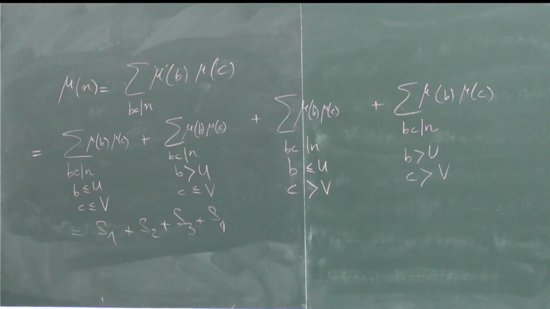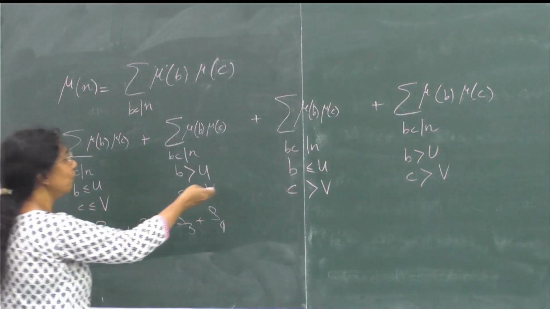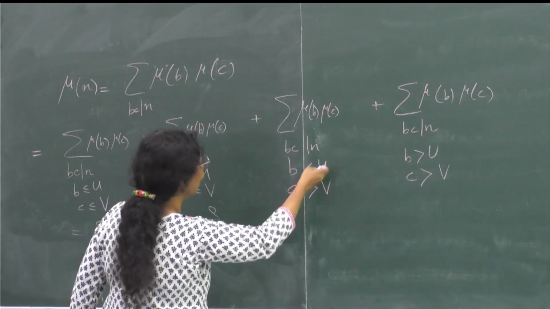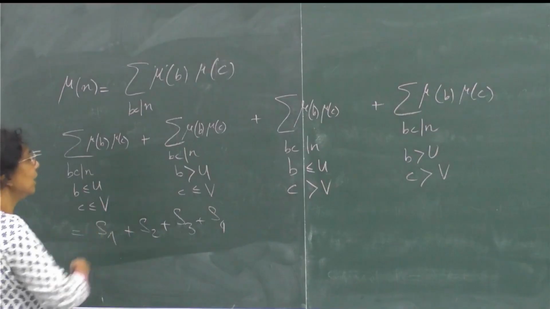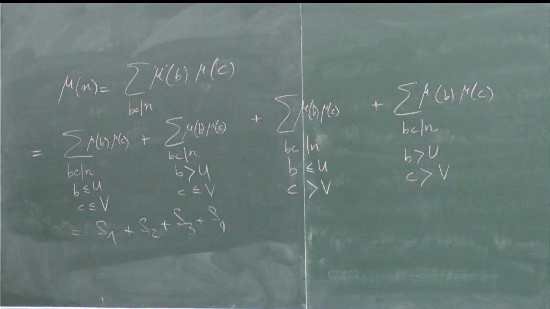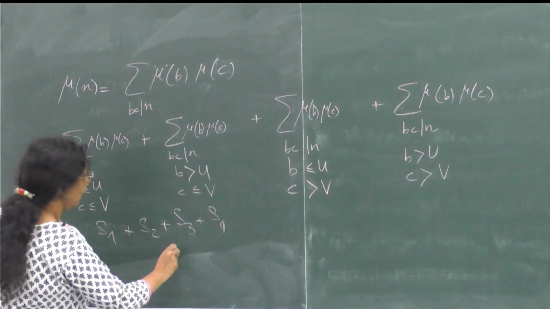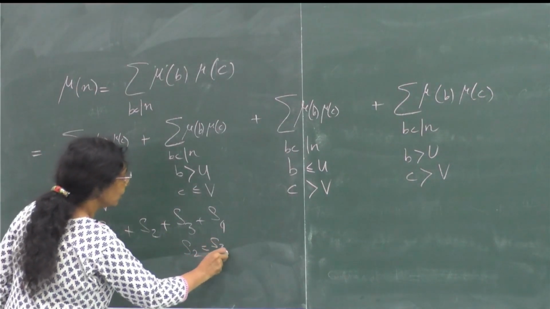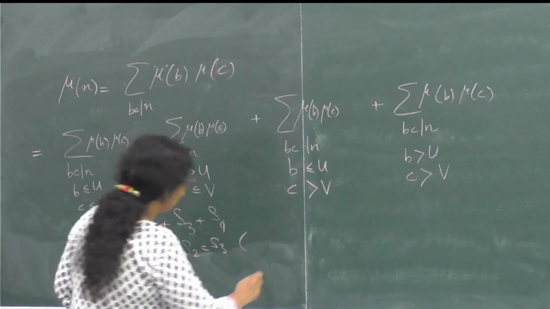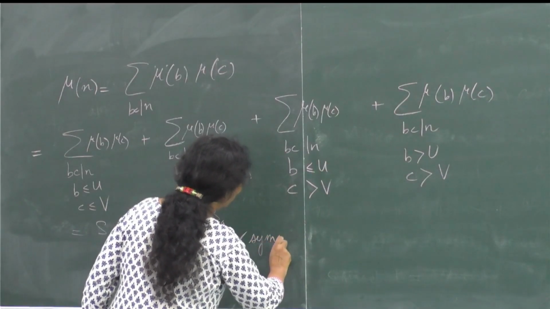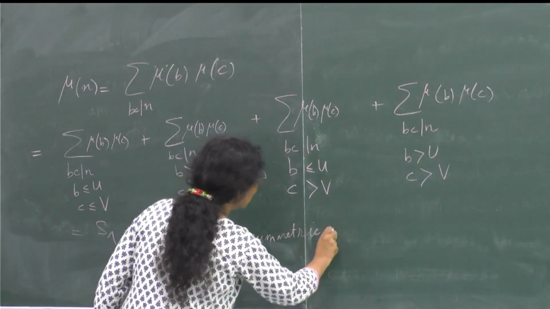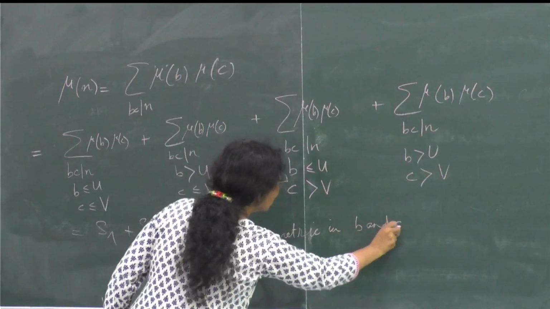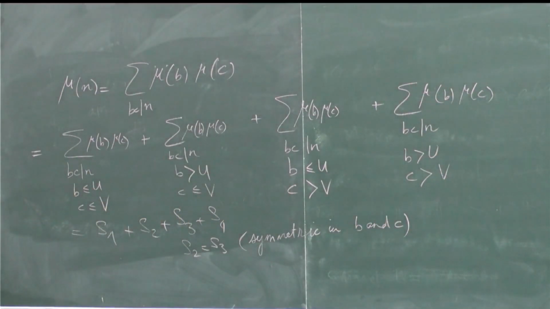They are the same because b and c are symmetric. There's nothing special about b or c. They are interchangeable. So in one case b is less than or equal to u, c greater than v, and in the other case the roles are swapped. Therefore S2 and S3 are the same. S2 is equal to S3 because they are symmetric in b and c. Do you agree? No difficulty in it.